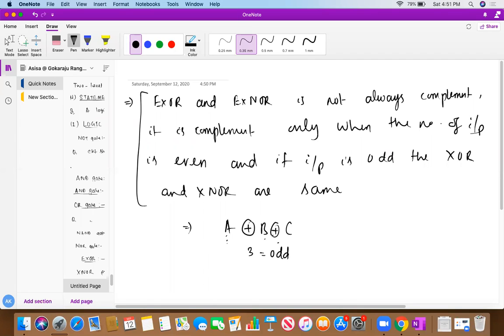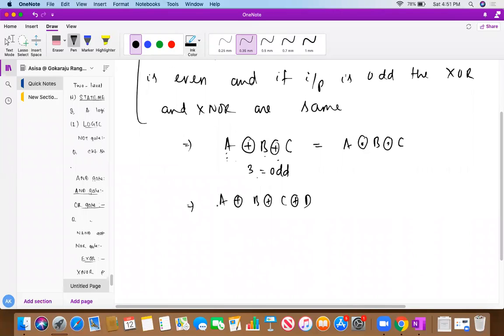If the number of inputs is odd, XOR is the same as XNOR, A XNOR B XNOR C. Now if the number of inputs is even, let's say A XOR B XOR C XOR D, how many inputs? 4, which is even. Then obviously A XNOR B XNOR C XNOR D is the complement of it.